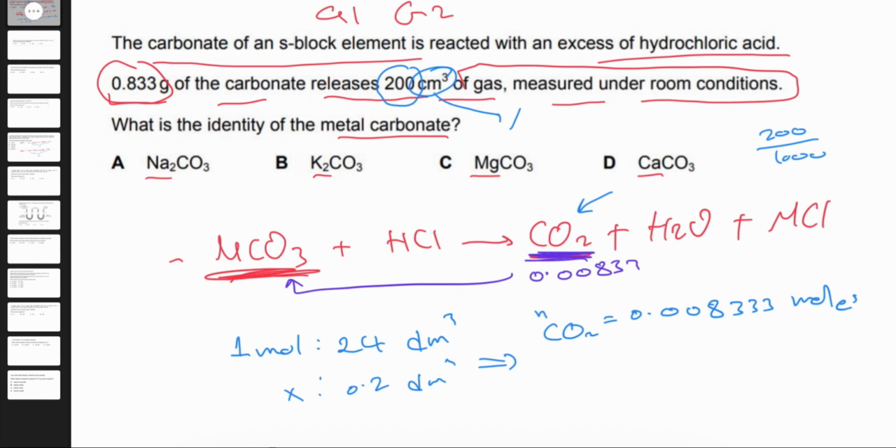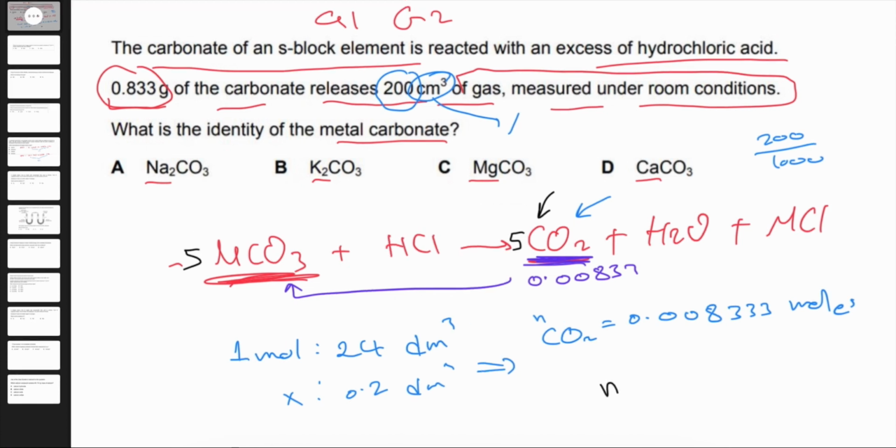For example, if you want to balance the number of carbon atoms, like CO2, if you have 5 carbon dioxide, then you definitely should have 5 moles of metal carbonate in order to have the same number of carbon. And that's why we can assume that the number of moles of carbon dioxide is the same as the moles of metal carbonate.